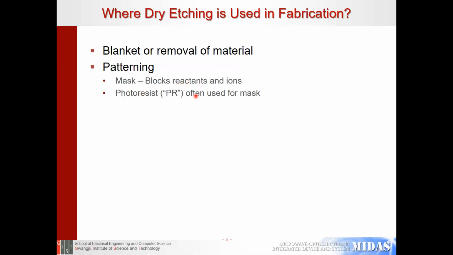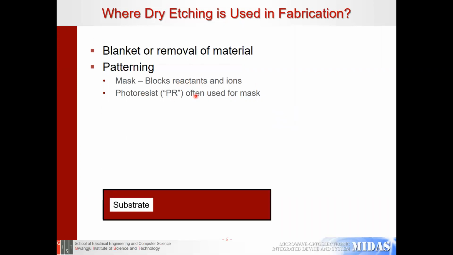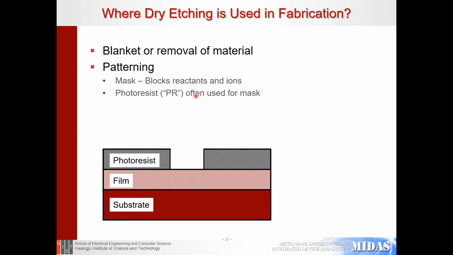So let's show a diagram of how this works. Here, let's say I start out with a substrate with a uniform film on that substrate, and I put a photoresist layer and pattern it, typically using electron beam.